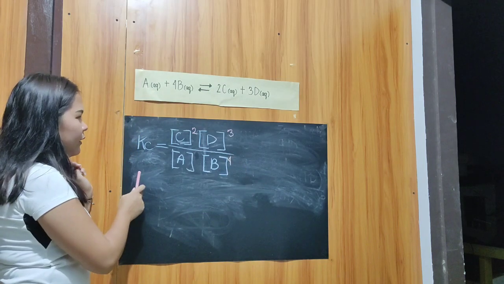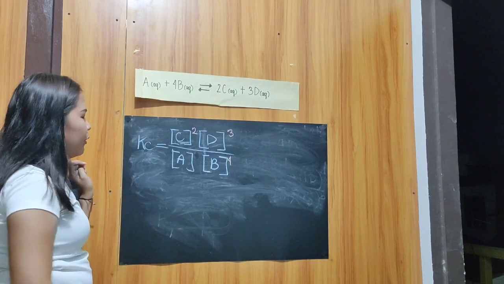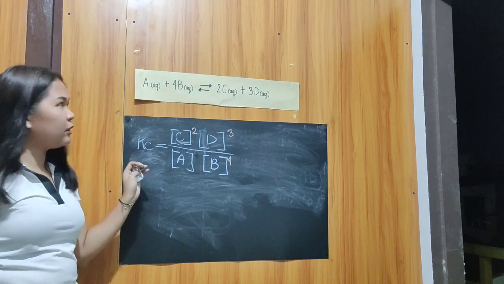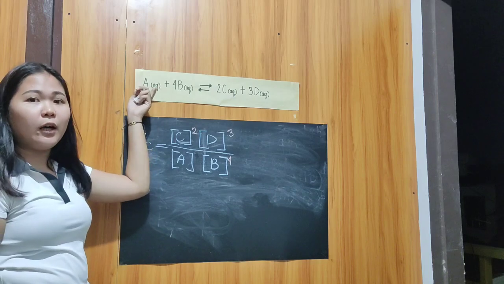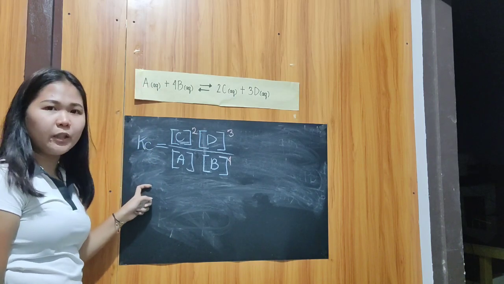So this is how we write the equilibrium constant expression of this. How about if it asks for partial pressure?